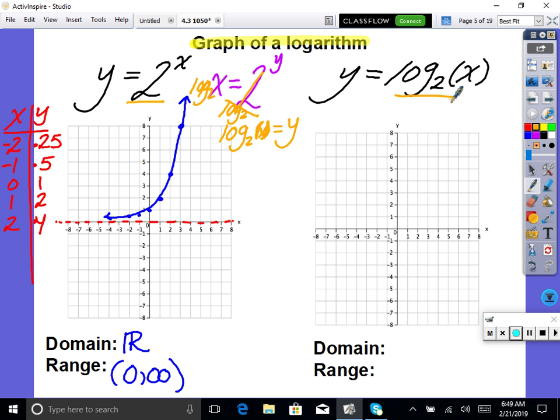So now how can anyone remember, if you're given a set of x, y points, if I wanted the inverse of these points, what would I do with them? Switch them. So we literally just take our exponentials x, y points and we just switch them.